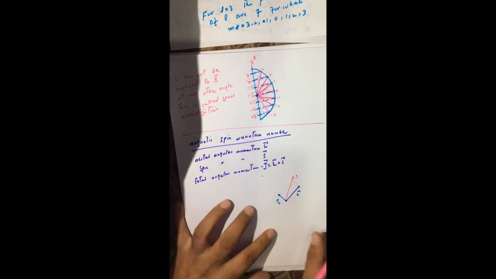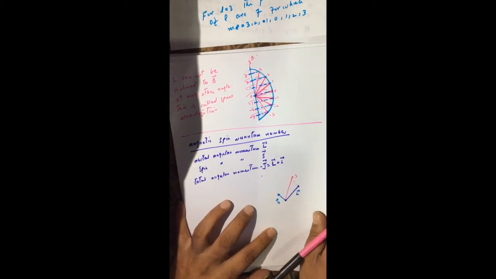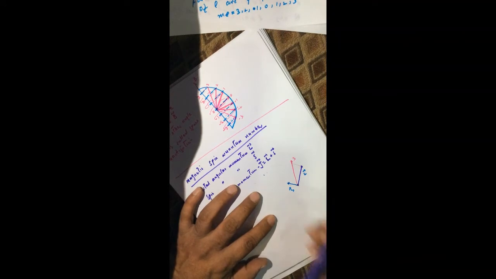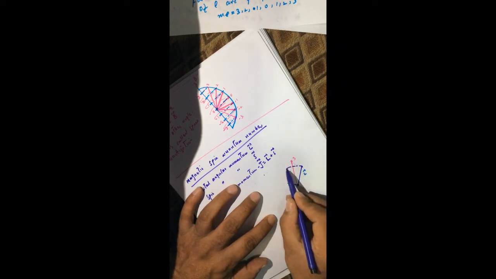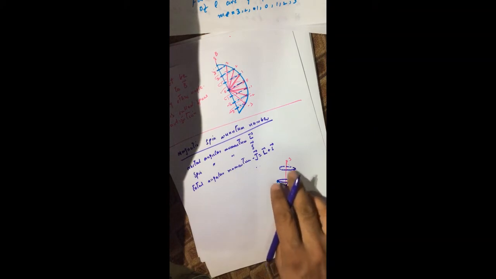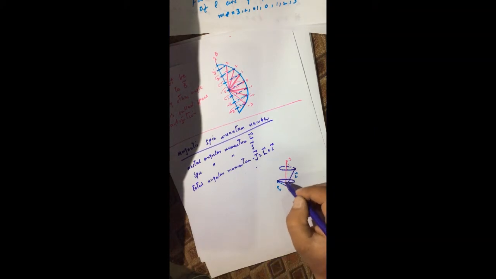Now this orbital angular momentum and spin angular momentum precess around this total angular momentum in a way like this. These are the precession directions of spin angular momentum and orbital angular momentum around this total angular momentum.